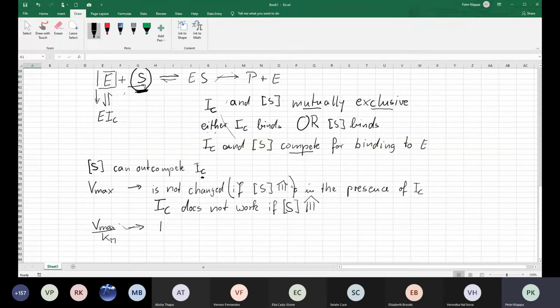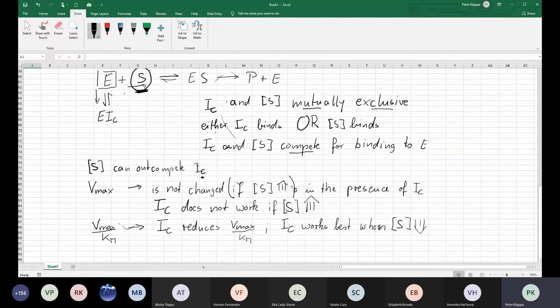So the competitive inhibitor reduces Vmax over Km, or in other words, the competitive inhibitor works best when the substrate concentration is very low, because there's nothing to compete against.